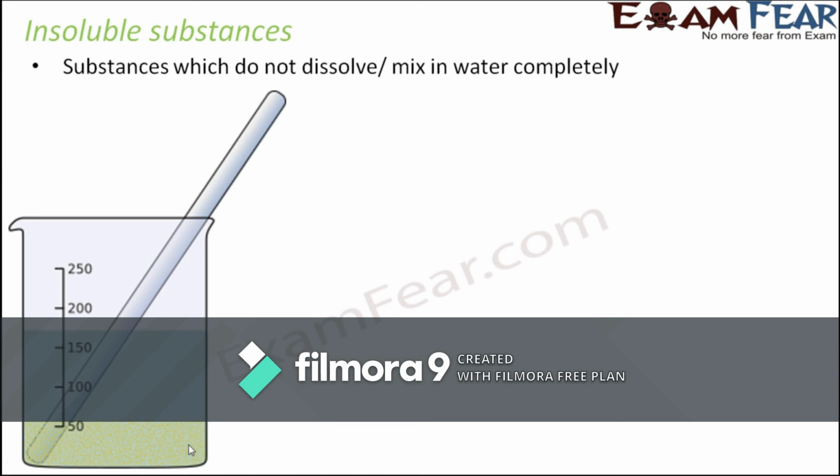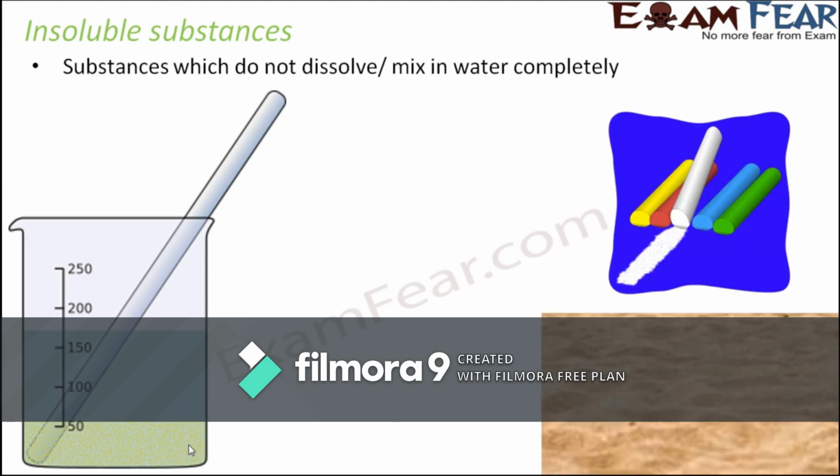So you will be able to see the particles. You will not get a uniform clean solution. So sand is an example of an insoluble substance. Chalk powder is another example of insoluble substances. These insoluble substances sometimes settle at the bottom of the liquid, sometimes they float on the surface of the liquid, but you will always be able to see these particles distinctly.